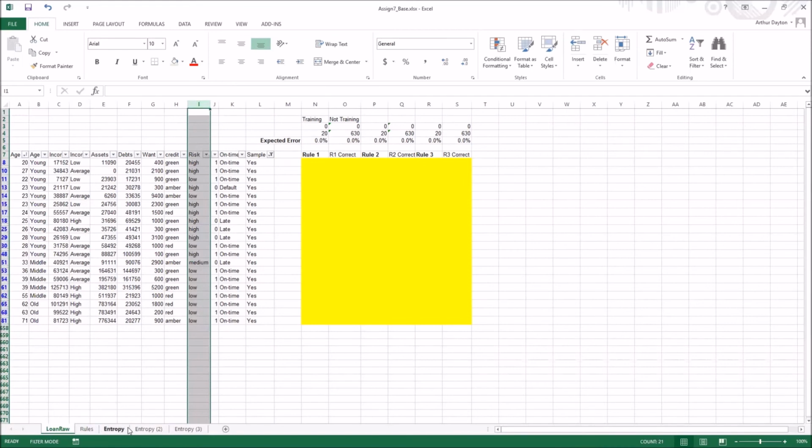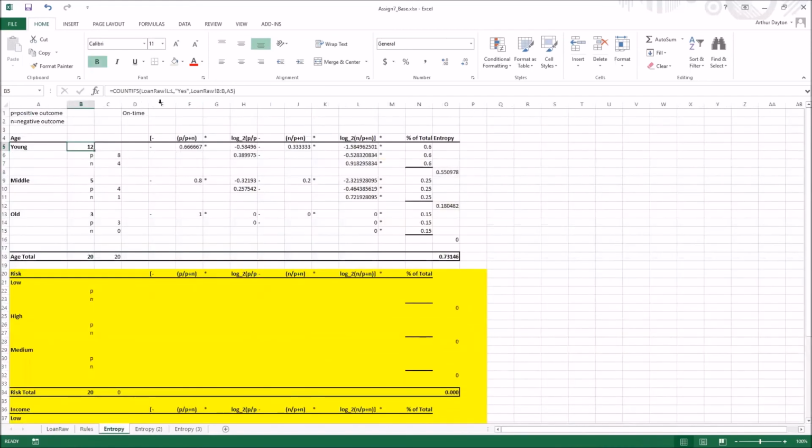So let's take a look here. Here we're using column B, which corresponds with age, and we're counting, using the COUNTIFS formula, all the values where age is equal to young.